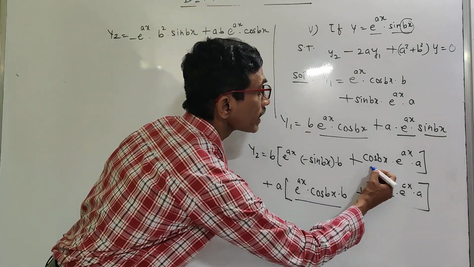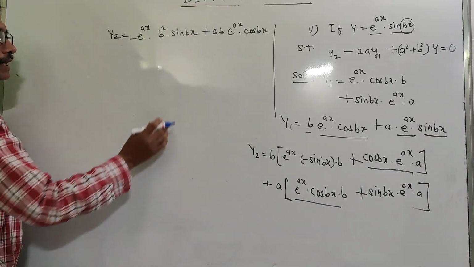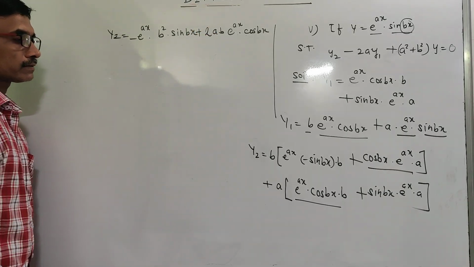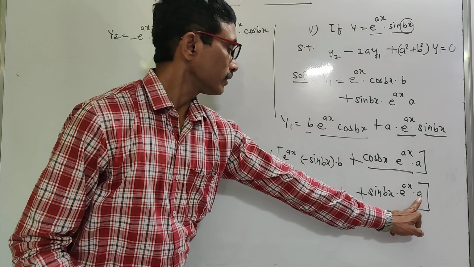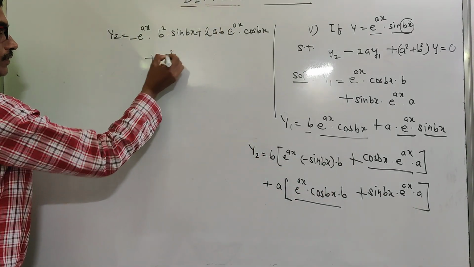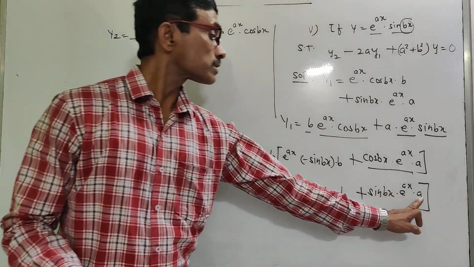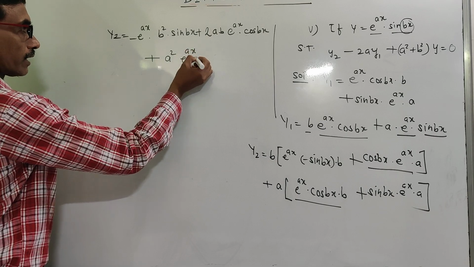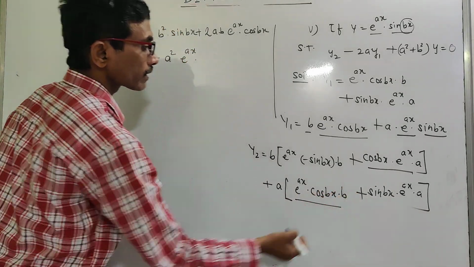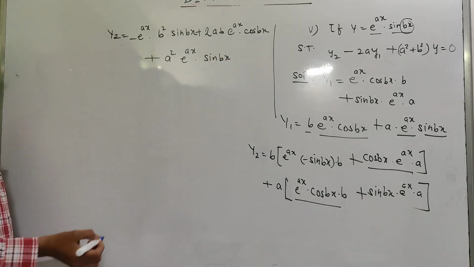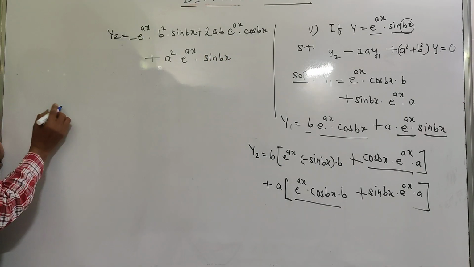So this and this we are getting same, so you can write here 2 times of that, and a into a square, plus a square e raised to power ax sin bx. So let us write it in proper way.